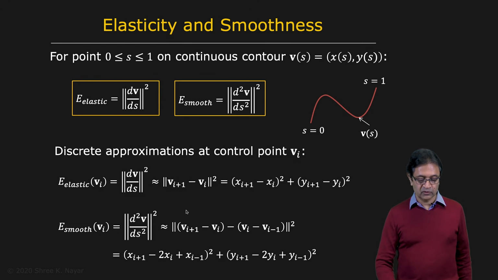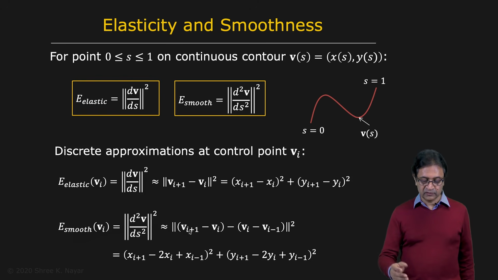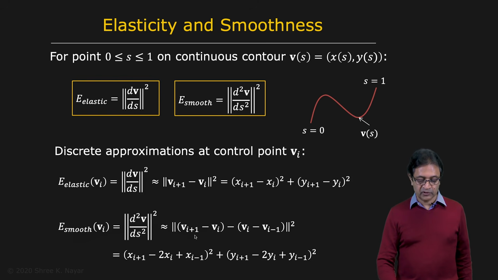We also know how to compute the smoothness at v_i, which is a second derivative, the difference of the difference: (v_{i+1} minus v_i) minus (v_i minus v_{i-1}), that difference squared. That can also be expressed in terms of x and y. So we know how to compute it at any given point on the contour.